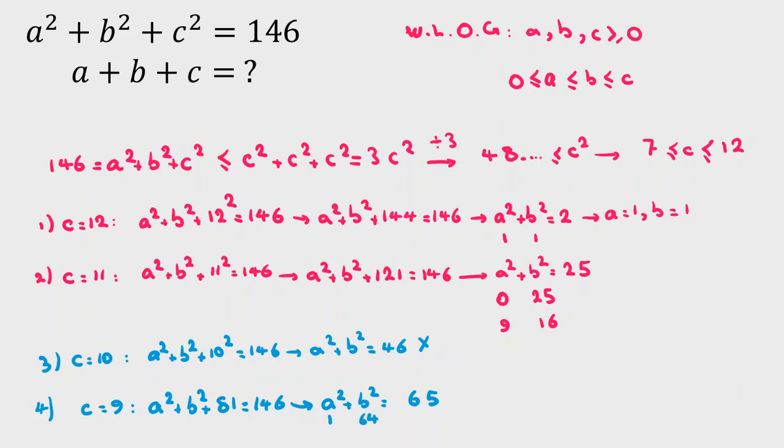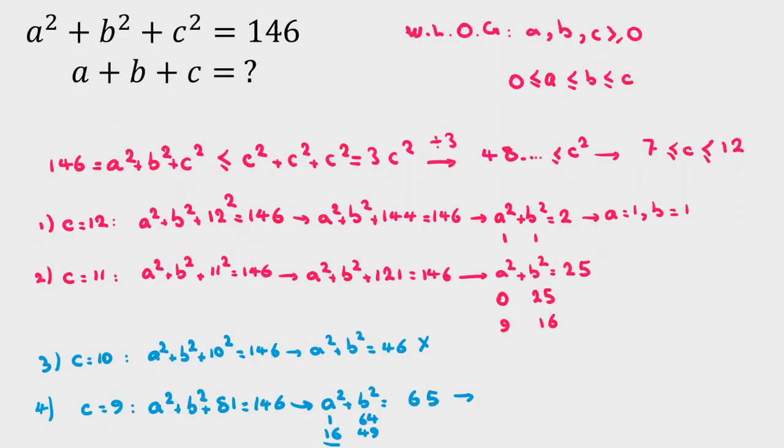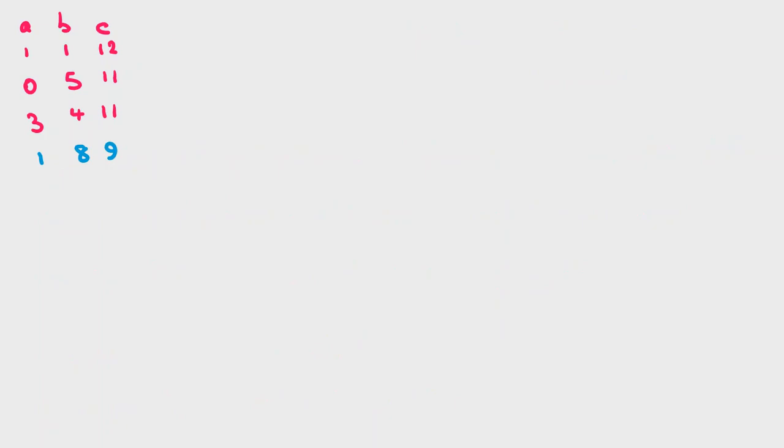It can be 64, 1, or 49, 16. Another answer: we can say 36, 36 plus what is 65? It's 29, and the other cases are not possible. So in this case, A is 1, B is 8, C is 9, and 4, 7, 9.